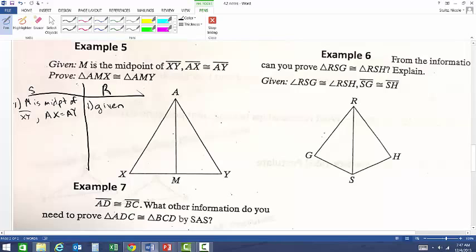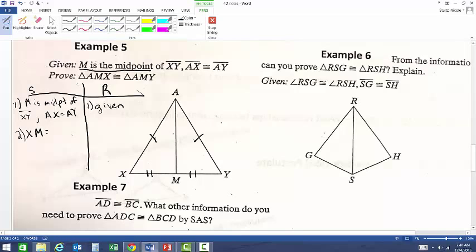Now, as we do a proof, we're also going to make markings in our picture for every statement we make. We were given that AX and AY are the same, so I can put tick marks on them. I'm going to use the fact that M is the midpoint. If that's true, then these two sides would have to be the same because M is in the middle. So we need to take the time and state that.